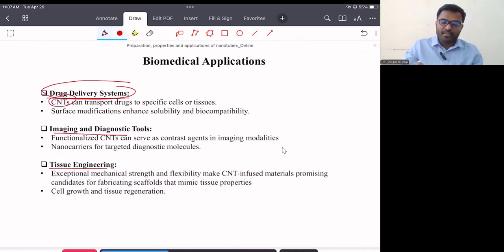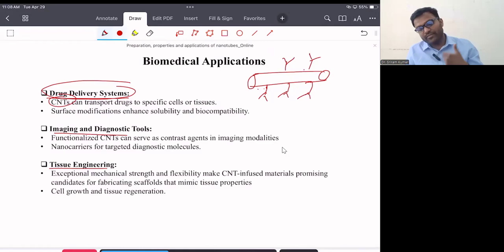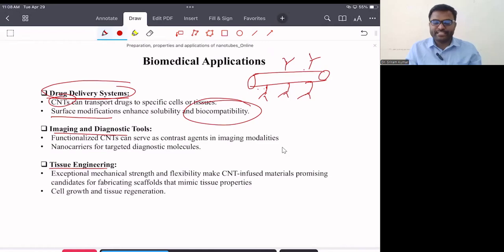If we functionalize the surface of the CNT with an antibody, and we load the drug in that CNT, we can specifically transport that drug to the specific tissue or cell. And because of carbon as the backbone, we have a lot of room for surface modification and functionalization, and that makes it biocompatible in nature.